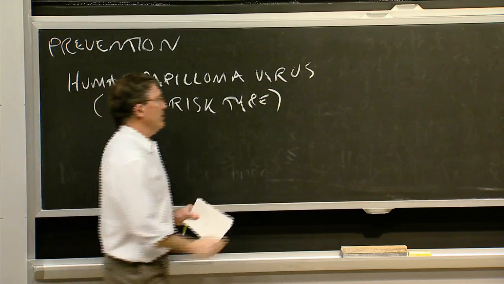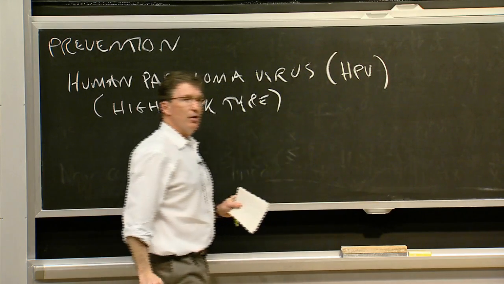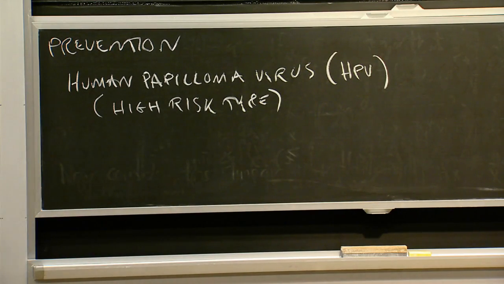Human papillomaviruses, or HPV, of the high-risk type can cause cervical cancer. They are the main reason that women develop cervical cancer, and they're responsible for other types of cancers as well, including in men.